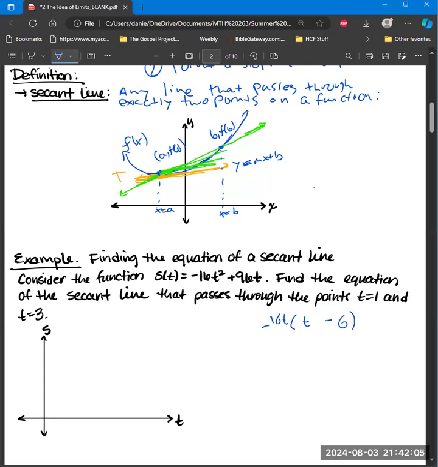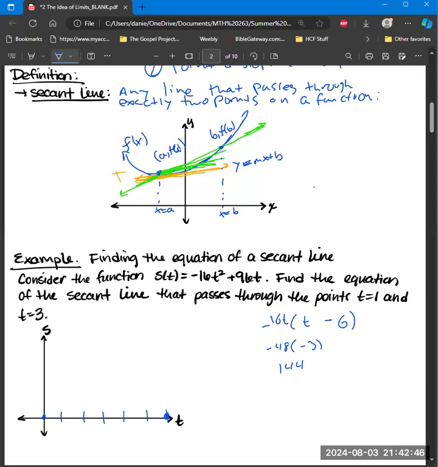So it's going to go through 0, 0, and it's going to go through 6, 0. That's going to give us a maximum value probably at t equals 3. So let's just check. Negative 48 times negative 3 is 144.